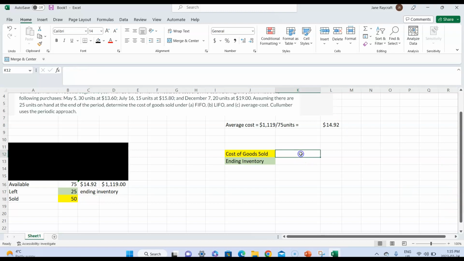So if I'm looking for my cost of goods sold, I'm going to take those 50 units that I sold times $14.92. And if I'm asked for my ending inventory value, I'm going to think, okay, there are 25 of those in my ending inventory, and those also cost me $14.92.